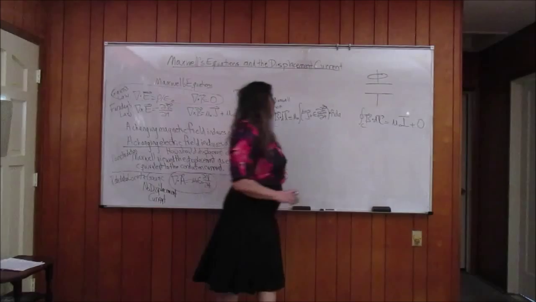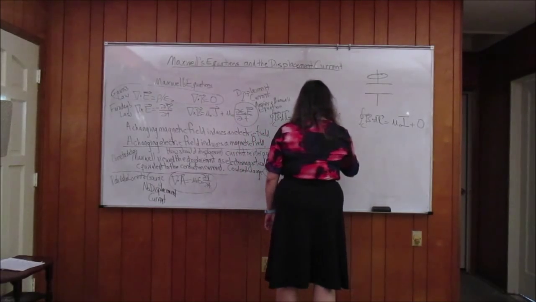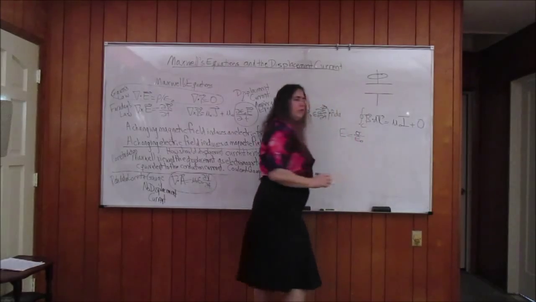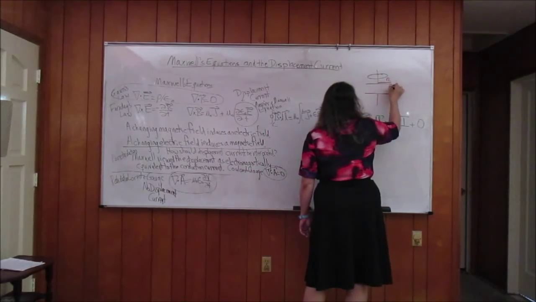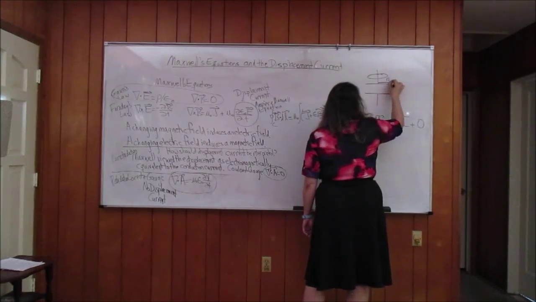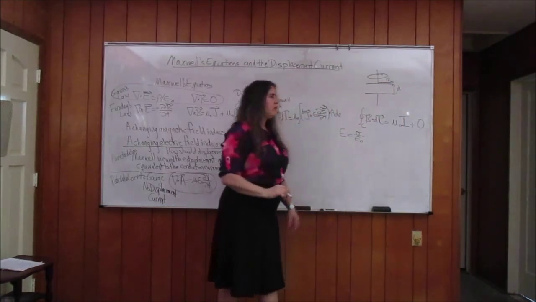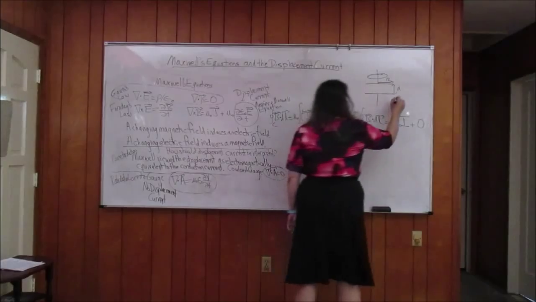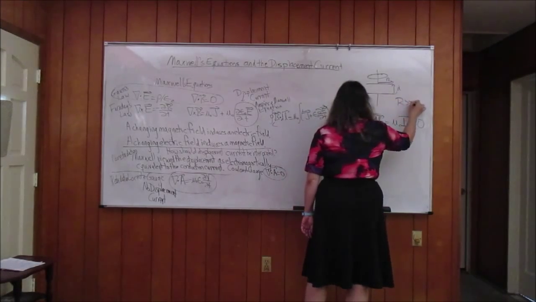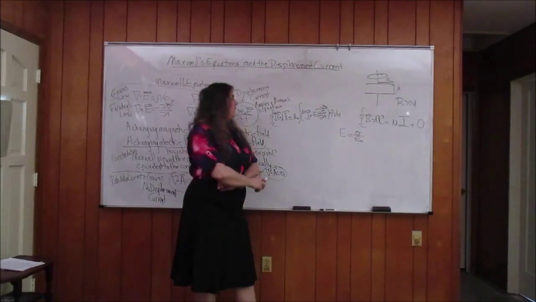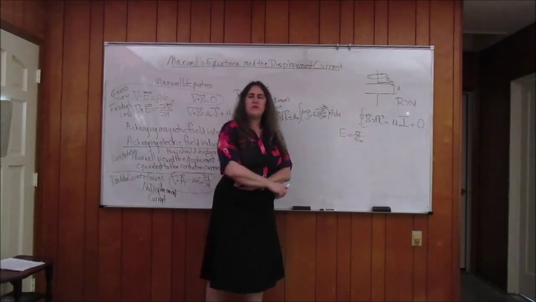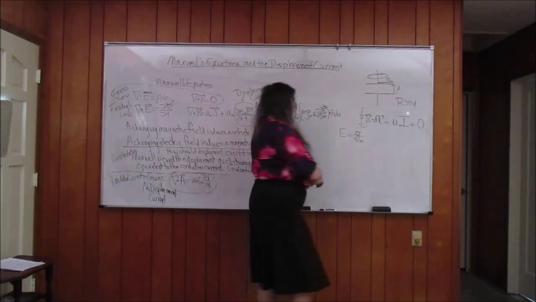Now between the plates, if we assume that the radius is much, much larger than the width, and despite how I've drawn this, it's a reasonable approximation to write the electric field as the surface charge density divided by the permittivity of free space.